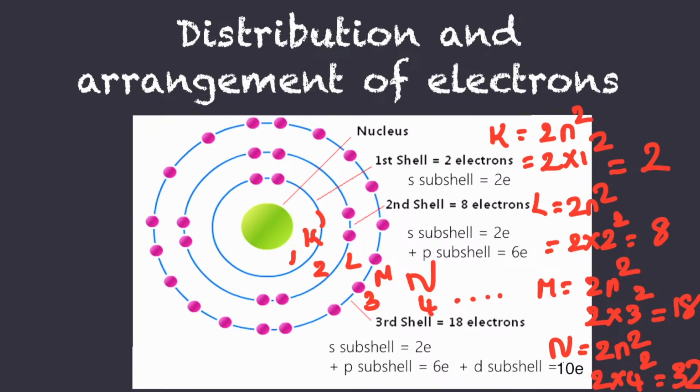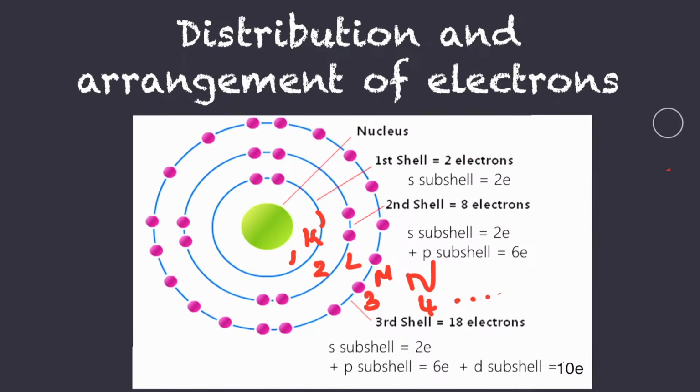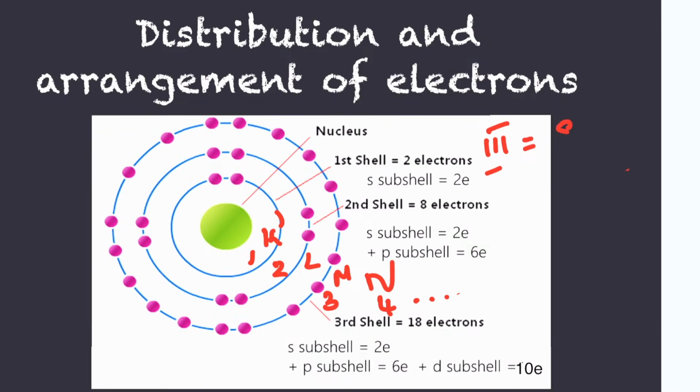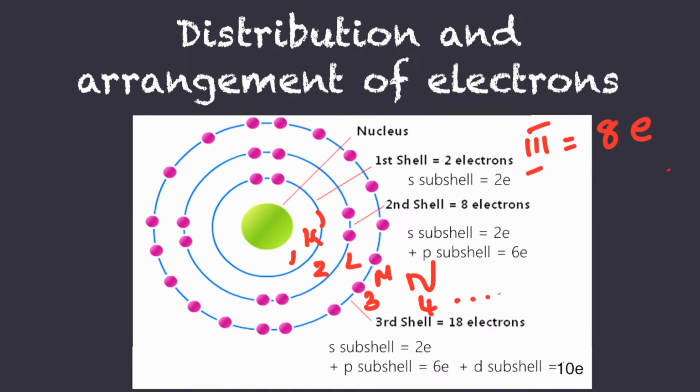Clear? The third rule was called the octet rule. According to the third rule, the outermost shell should have only 8 electrons to complete its octet.